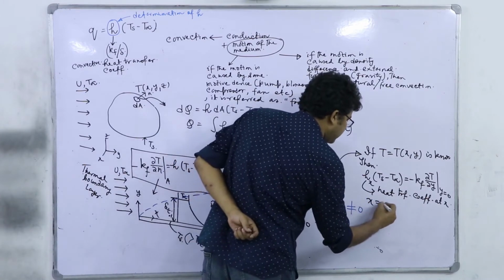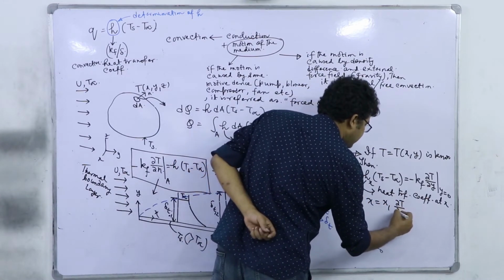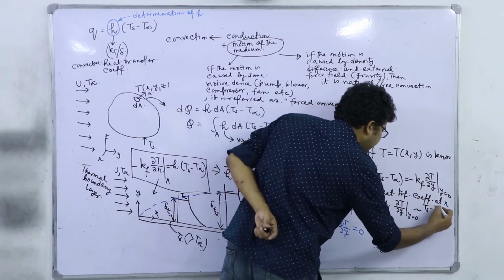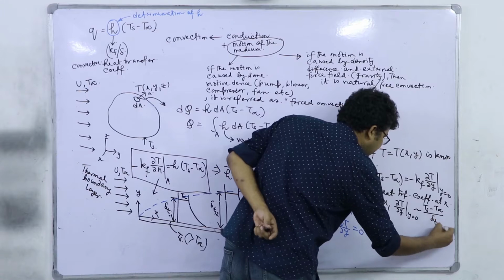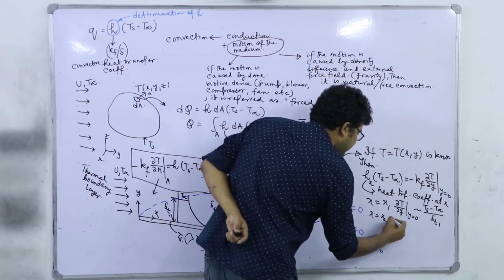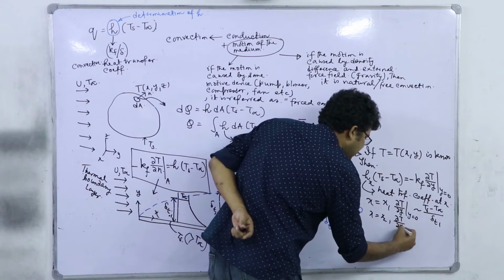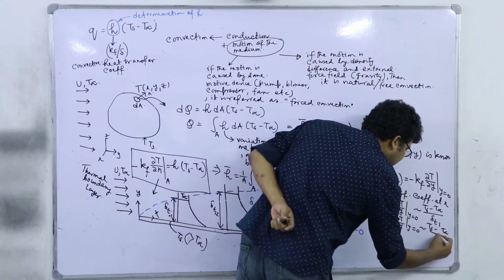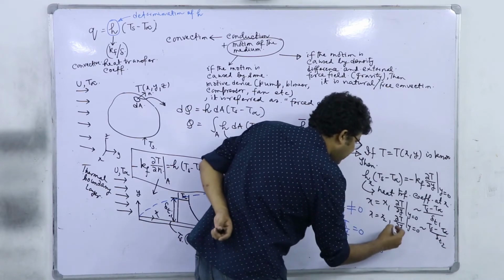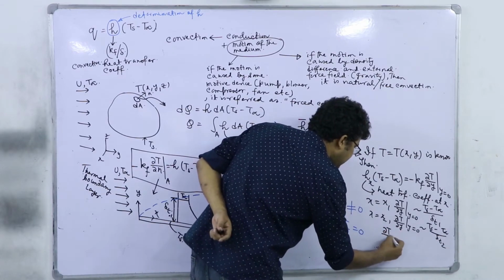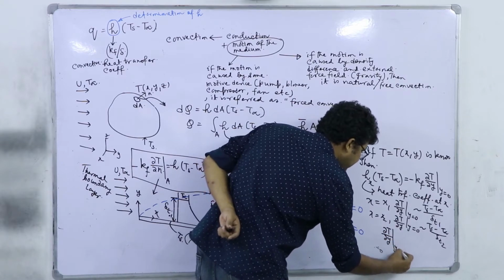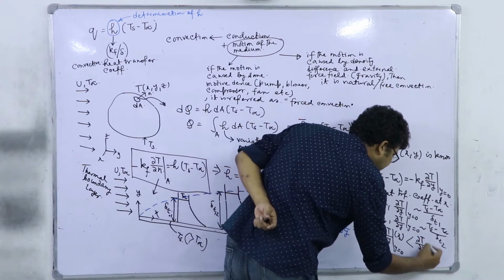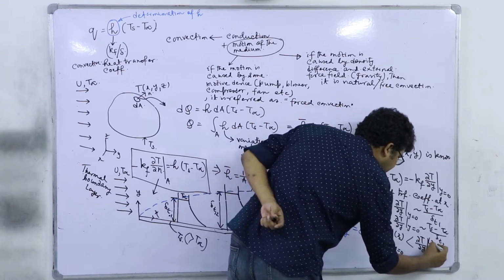Because at x is equal to x1, del T del y at y is equal to 0 is in the order of Ts minus T infinity by delta T1, and at x is equal to x2, del T del y at y is equal to 0 is in the order of Ts minus T infinity divided by delta T2. So, del T del y at y is equal to 0 at x2 is lower than del T del y at y is equal to 0 at x1.